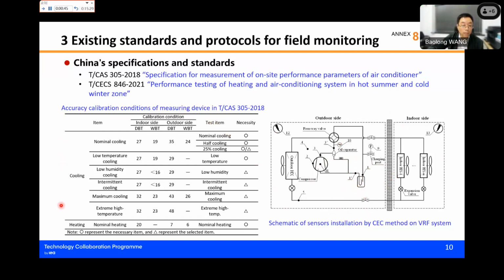Also, they provide how to calibrate your testing method. They provide many kinds of working conditions.